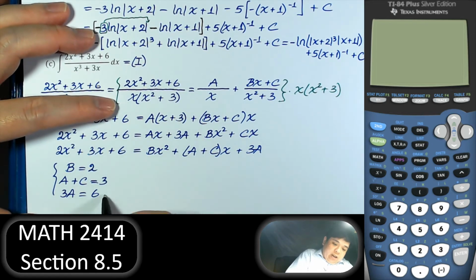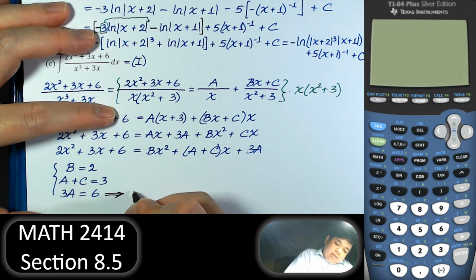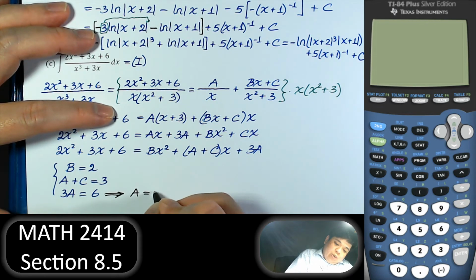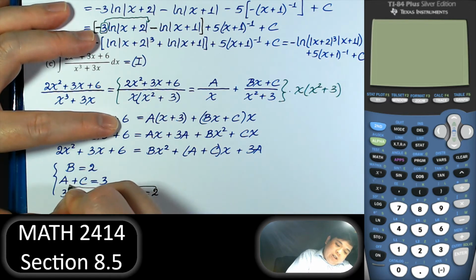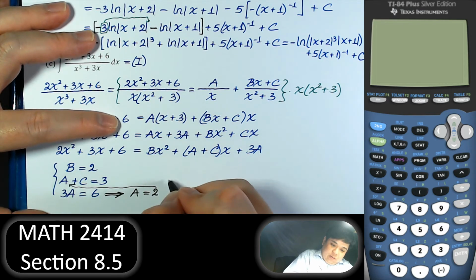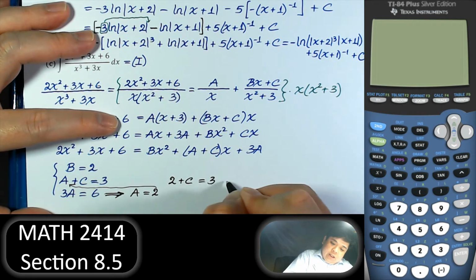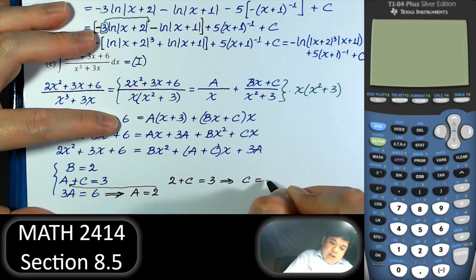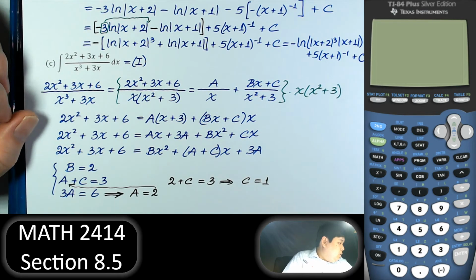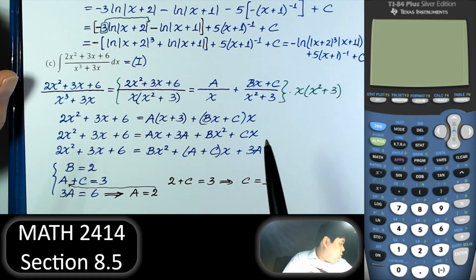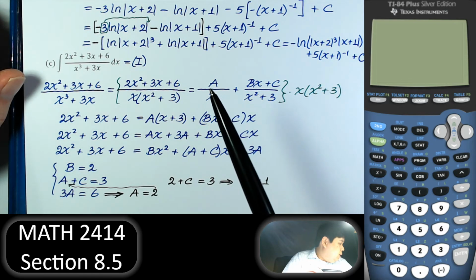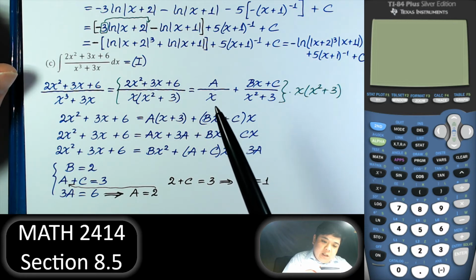So from here we have a equal to 2, and we can substitute in here. So we have 2 plus c equal to 3, so c equal to 1. Right. Did I miss something?